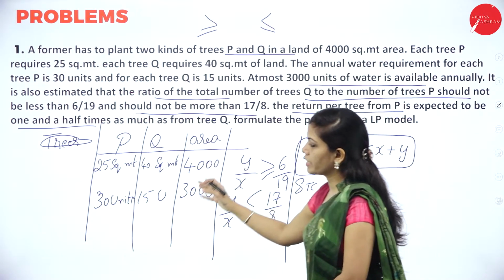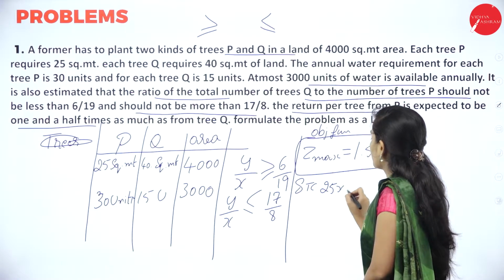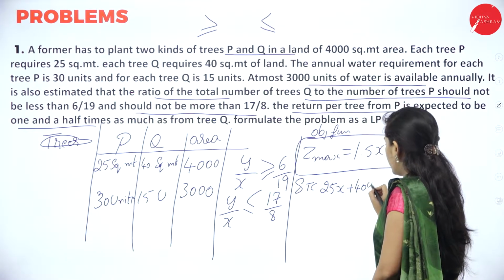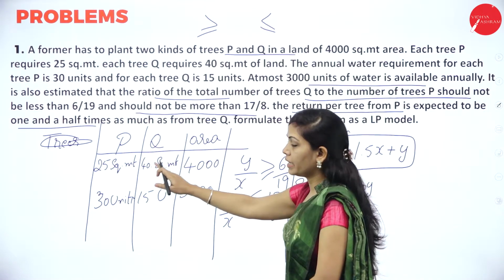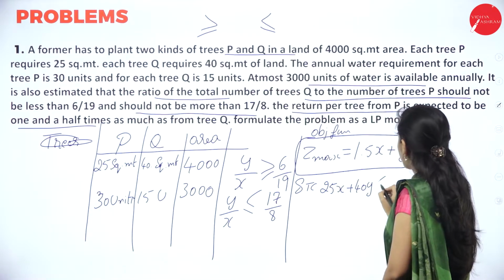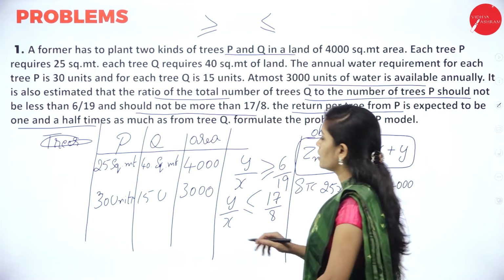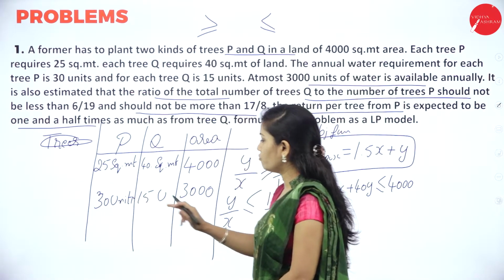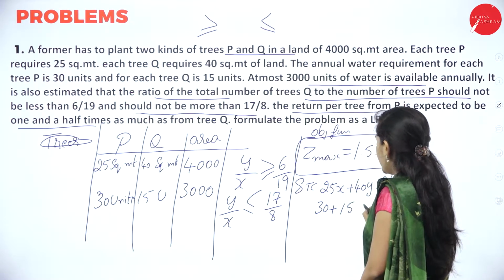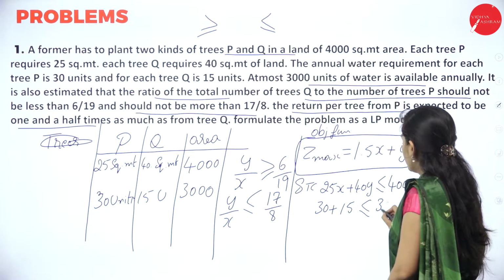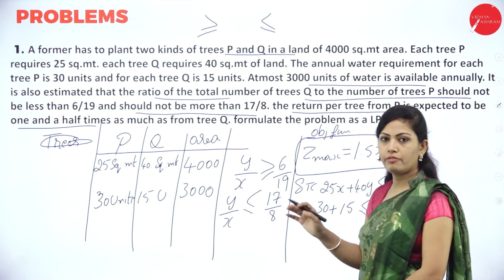So what are the constraints we have? 25x plus 40y less than or equal to the land availability for trees P and Q, 4000. And 30x plus 15y less than or equal to 3000. So these are the constraints for the given values.